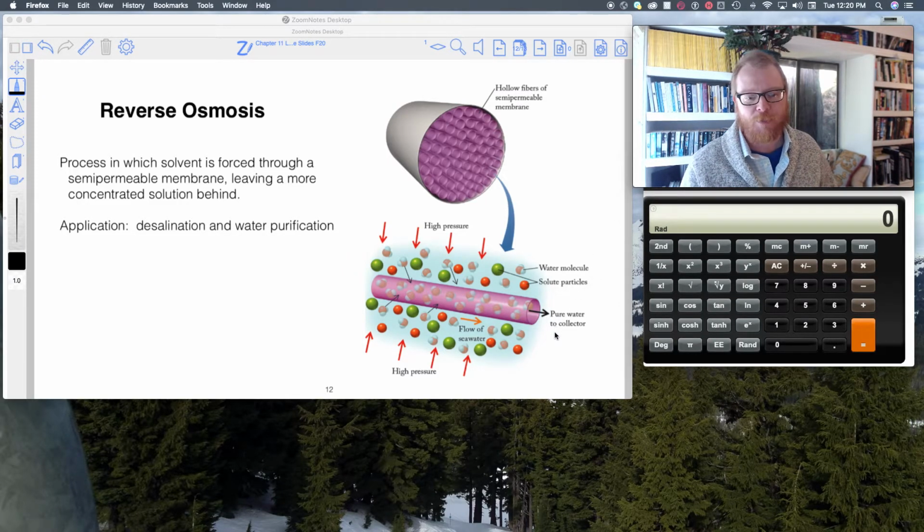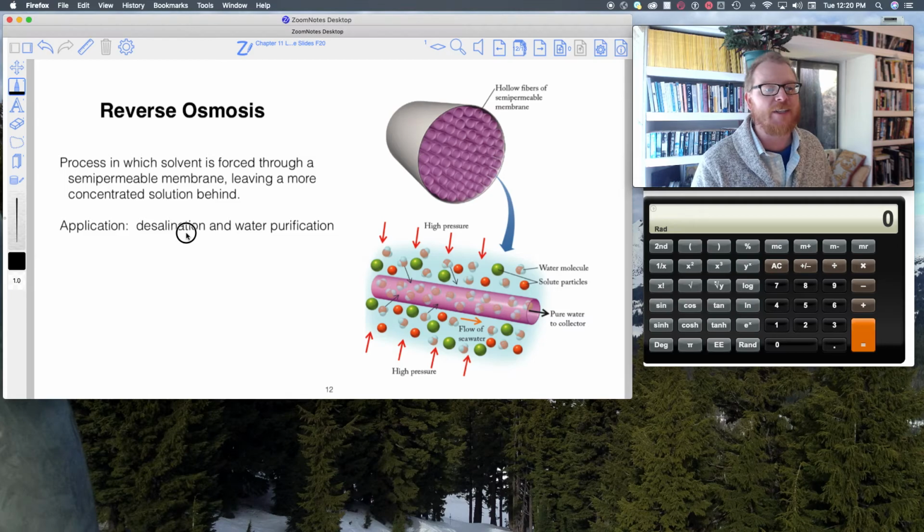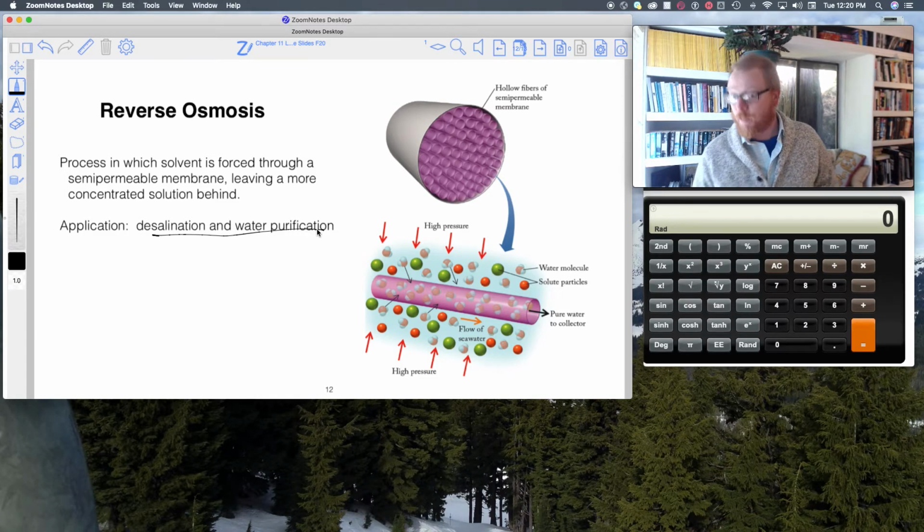In reverse osmosis, you typically have hollow fibers that make up your semipermeable membrane. This allows water molecules to flow through the membrane, but prevents the ions from doing so. And so the application of this is desalination and water purification.